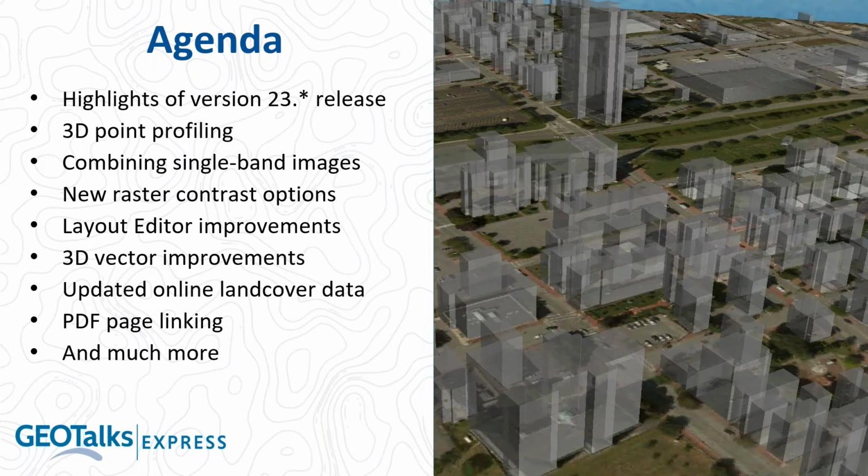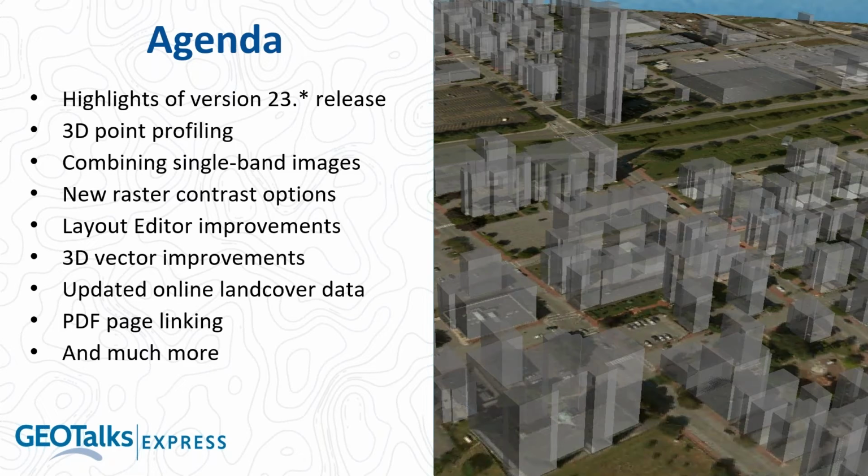Jeff is going to quickly look at a new online data option that's available. We kind of visited the online data as we introduced the access to Landsat. We're going to go back there just to look at an online data service, and hopefully wrapping up by the top of the hour, I'll take a quick look at an option to provide a link to a feature on the map, and specifically to a page within a PDF.